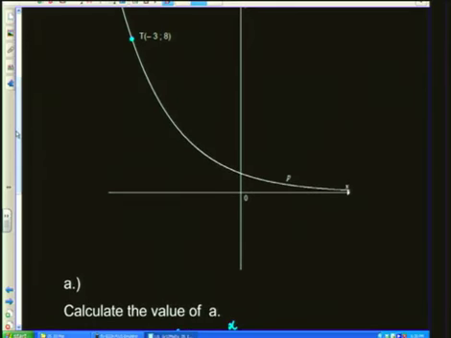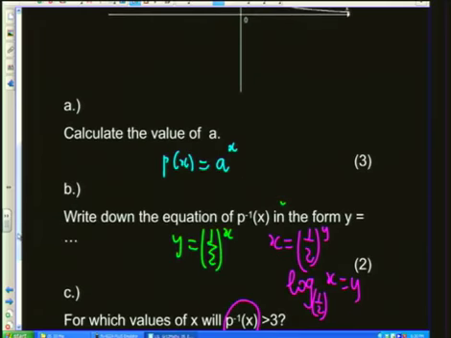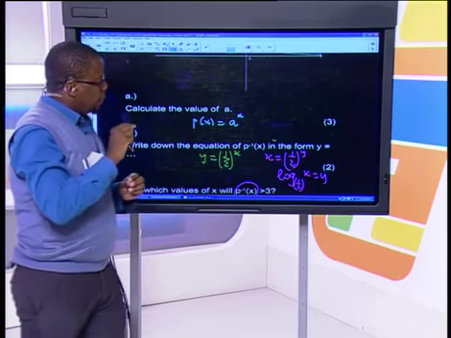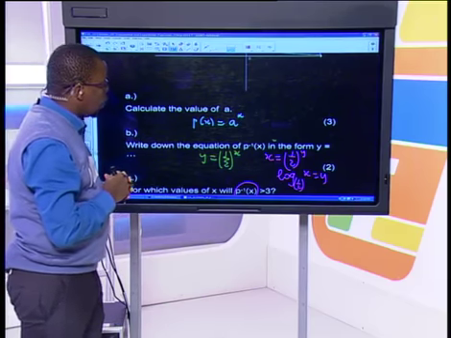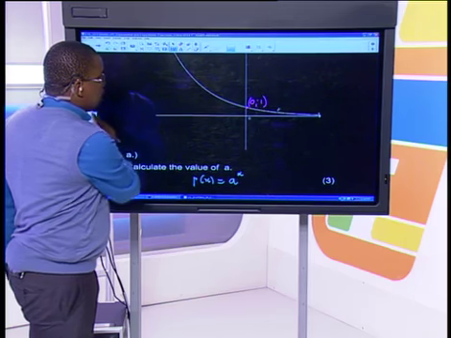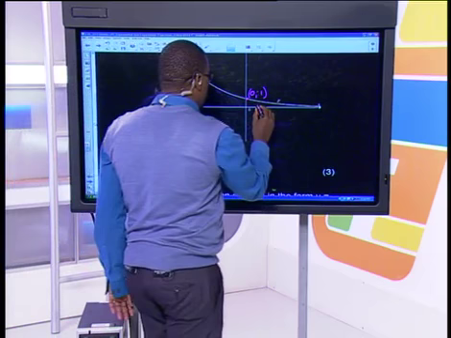We know this point here is not 1, because if we substitute naught in the equation y equals (1/2) to the exponent x, 1 over 2 to the exponent naught, anything raised to exponent naught gives 1, so it's naught and 1. So in other words, we're going to have 1 and 0.